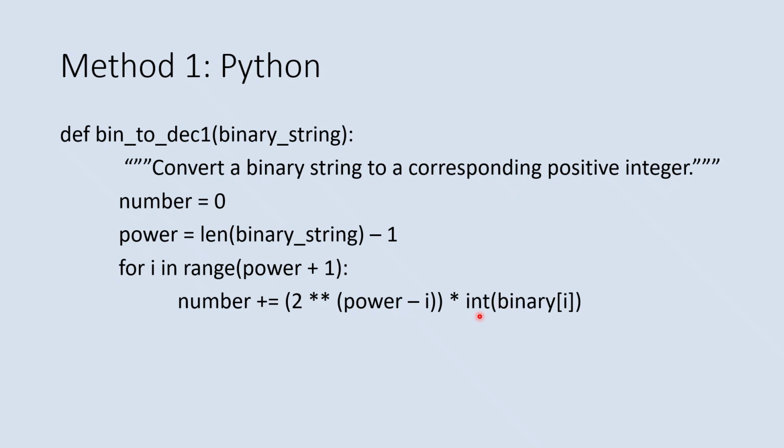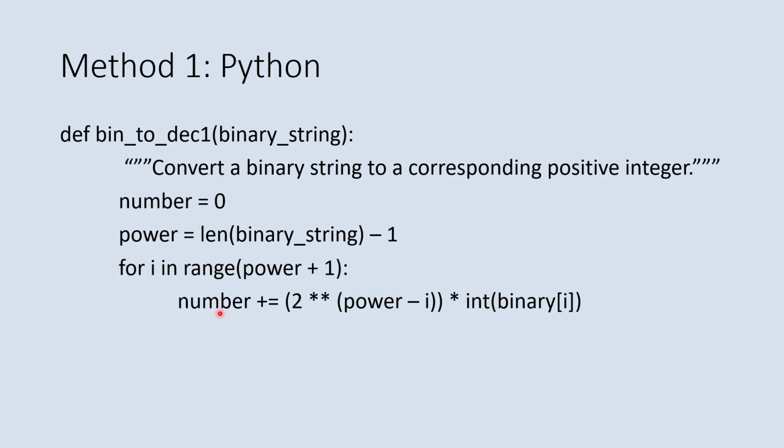Now, the reason we didn't change the order of the range here, and went in order, is because we also care about which bit we are on. We need to know from that binary string that we're on bit index 0, bit index 1, bit index 2, and so on. But remember, the binary string is a string, so to treat those zeros and ones as numbers, we need to convert them using the int function.